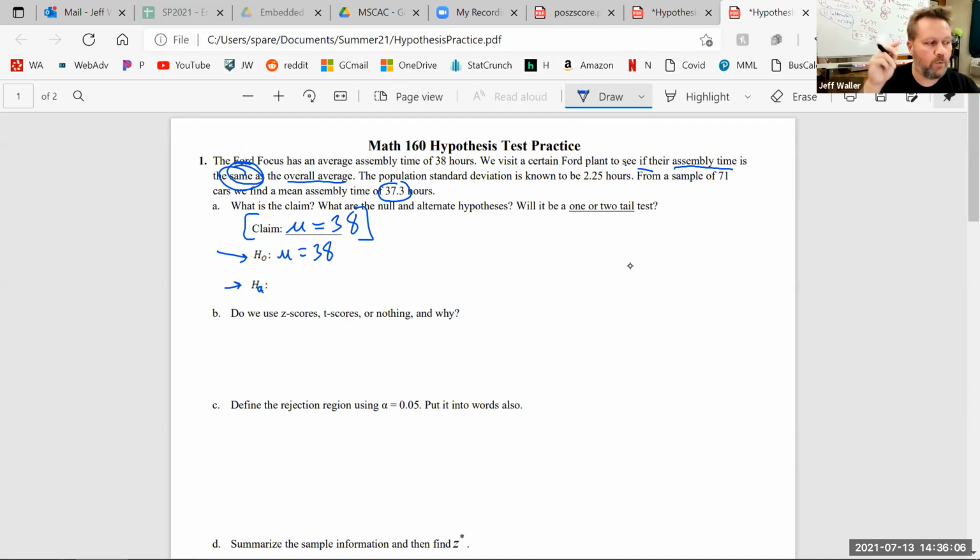Because I want the Ha to always set up where my rejection region is. That's the only reason. We had a lot of different ways you could have set this up, and we chose to do it this way. So if the claim has an equal sign, it goes into the null. If it doesn't, like the problem we did with the coyotes, it goes into the Ha, because I cannot show evidence for equal 38. But I can show evidence for the opposite of that, which is what? What's the opposite of equal 38?